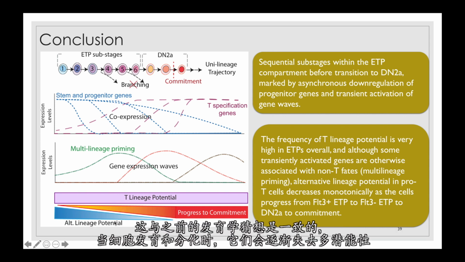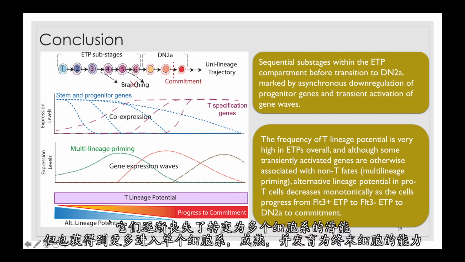So this is also consistent with the developmental hypothesis that along the differentiation and development of the cells, the multipotency of the cells will decrease, and they lose their ability to give rise to several lineages. Instead, they have higher capacity to go into the mature stage and contribute to the end stage powerfully.